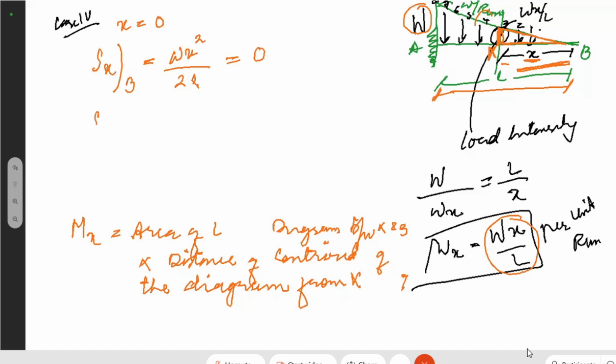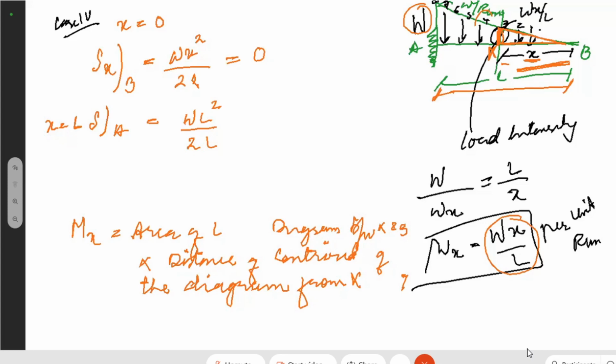And then the shear force at point A will be given when x is equal to L. When x is equal to L, your shear force will be equal to WL square by twice L. That will be equal to how much?